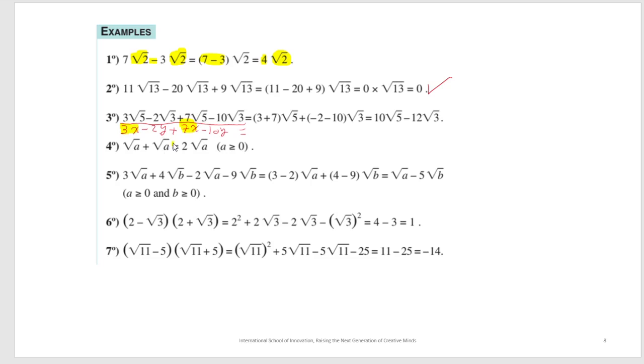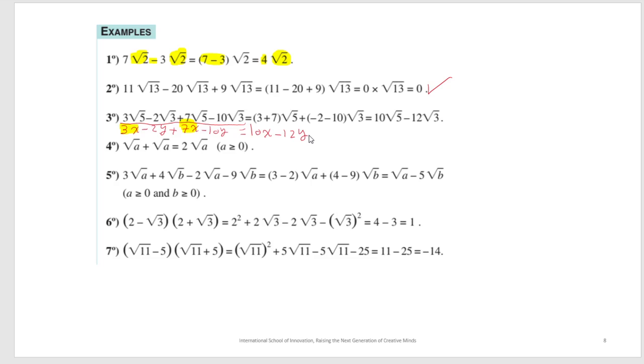Remember like terms? Like terms have the same variable. We took them at the beginning of the year and last year also. So 3x plus 7x, it's 10x. Negative 2y minus 10y is equal to negative 12y.